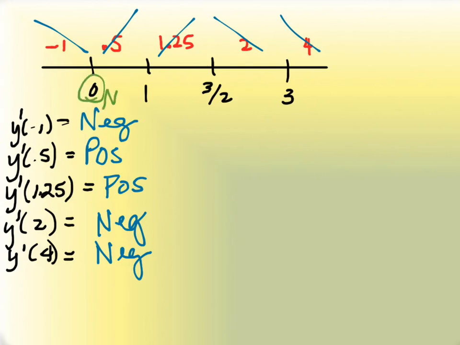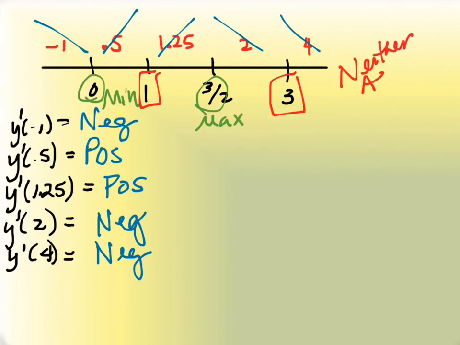This is a minimum. At 1, we have neither, right? And that's because it was an asymptote. How about at 3 halves? That's a maximum. And at 3, that's neither as well. So these ones right here in red are neither. And they're neither because they're asymptotes.